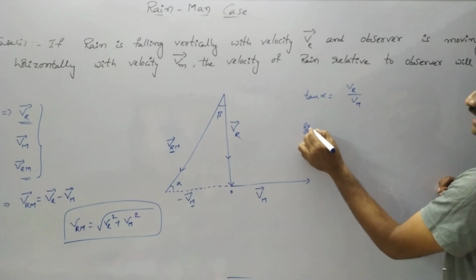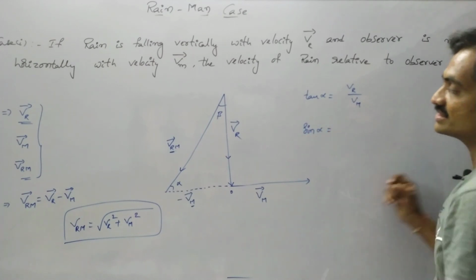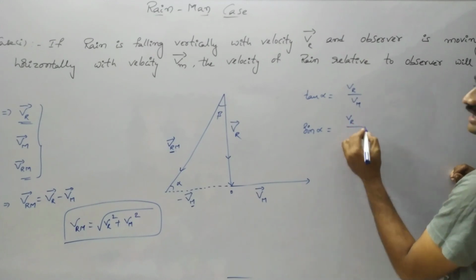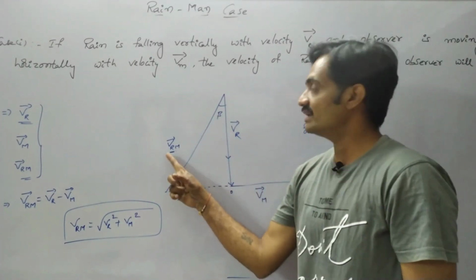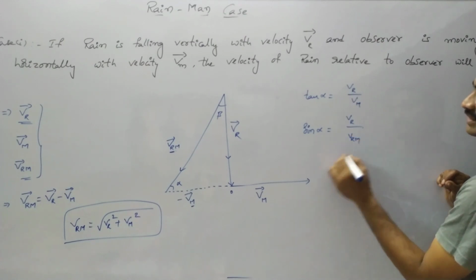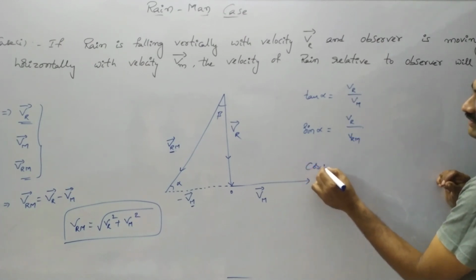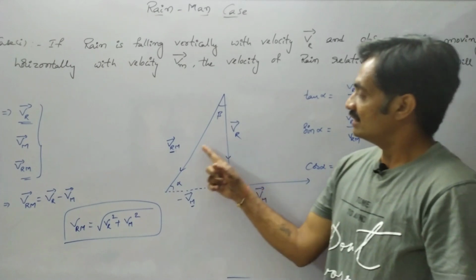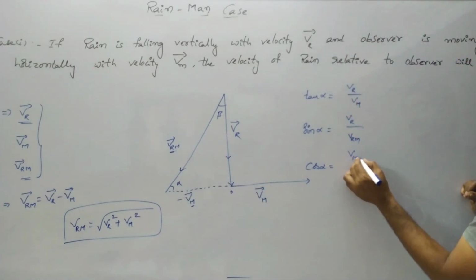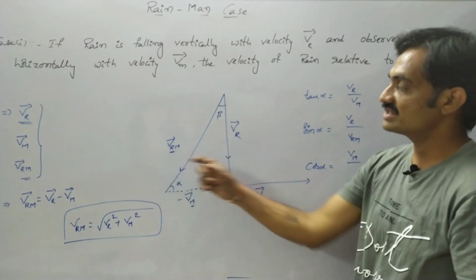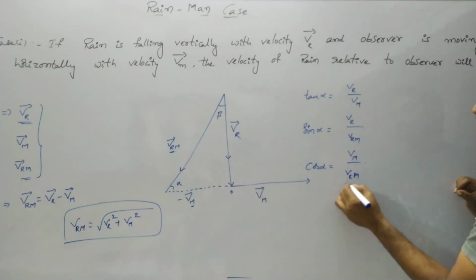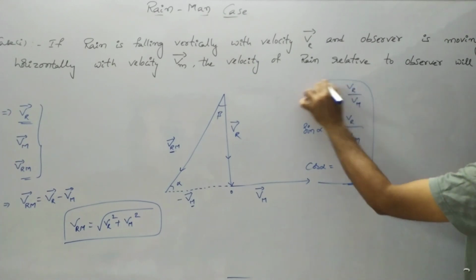And sin alpha equals the opposite side, nothing but the velocity of the rain, by the hypotenuse, the velocity of the rain with respect to man v suffix rm. And cos alpha equals the adjacent side, nothing but the velocity of the man, by the hypotenuse, the velocity of the rain with respect to man. So this represents the case.